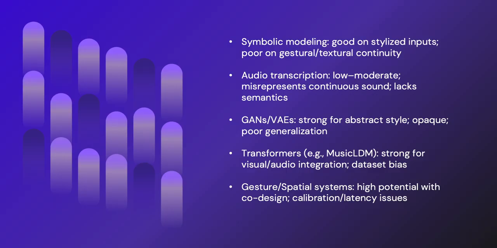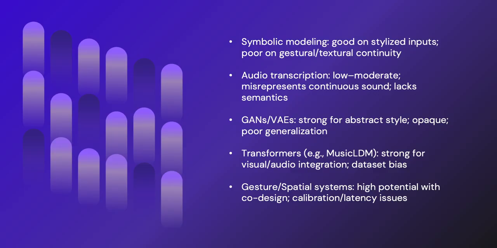The output can feel correct on paper but wrong in performance. Audio transcription has improved, but it remains uneven for noise-rich or highly layered materials. It tends to miss semantic intent and can flood you with micro events that performers cannot meaningfully act on without heavy post-editing.